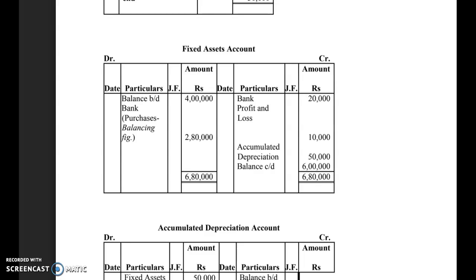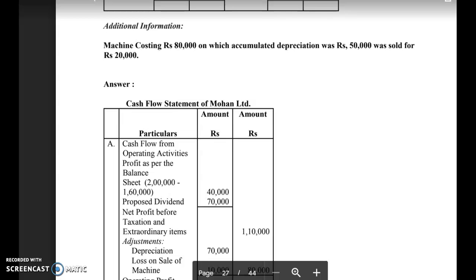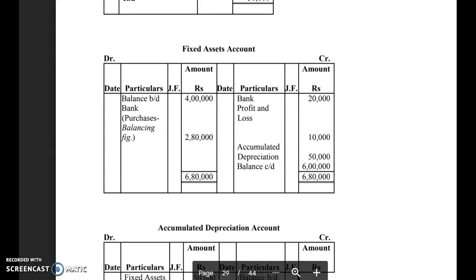It is given in the statement itself that a machine having an original cost of 80,000 was sold. So when we sell this, we will show by bank 20,000 cash received, by profit and loss 10,000, by accumulated depreciation 50,000. So the balancing figure will be the amount of the purchases made during the year, that is rupees 2,80,000.